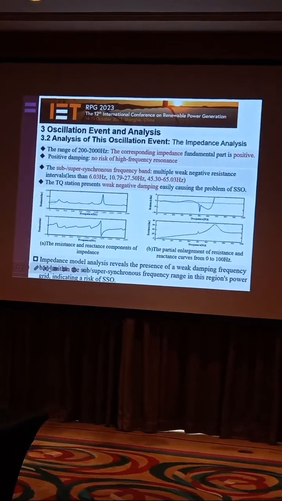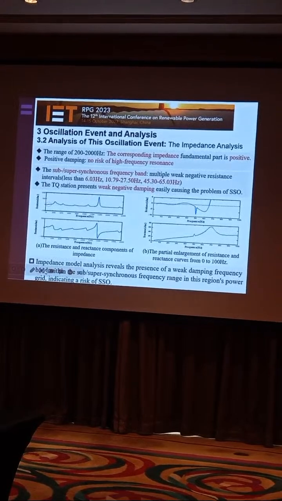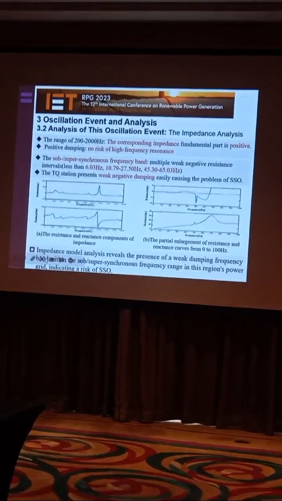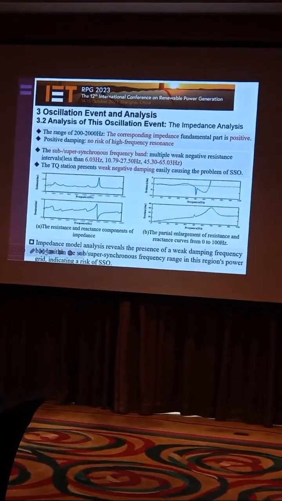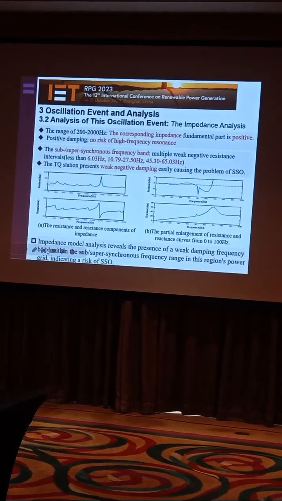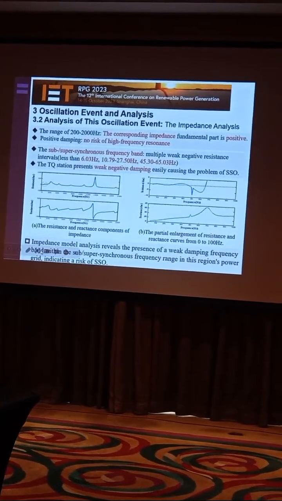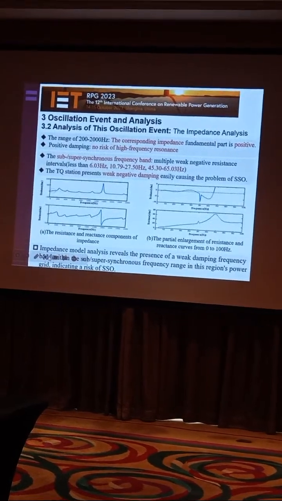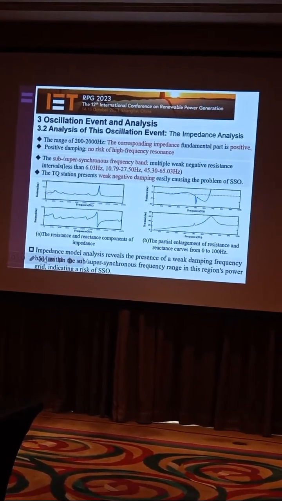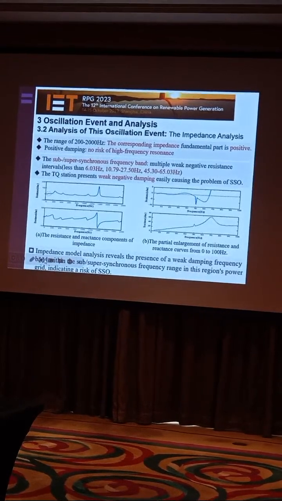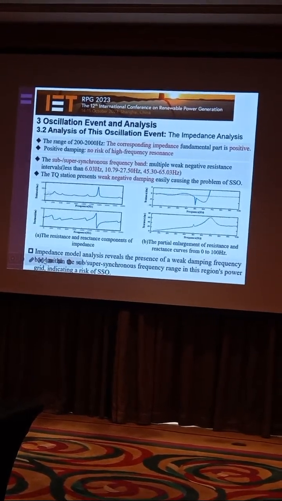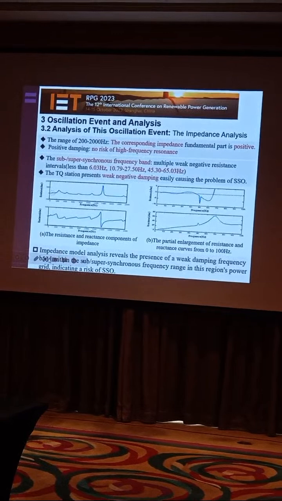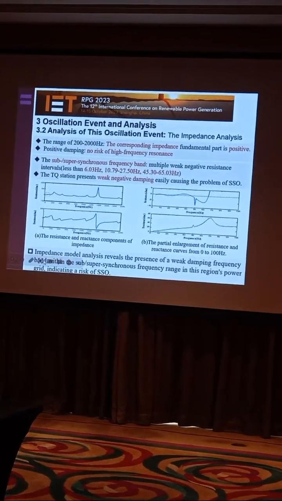We can observe multiple segments of weak negative resistance in the sub-super synchronous frequency band. And the TQ station exhibits a weak negative damping in the sub-super synchronous frequency band, making it susceptible to oscillation issues.